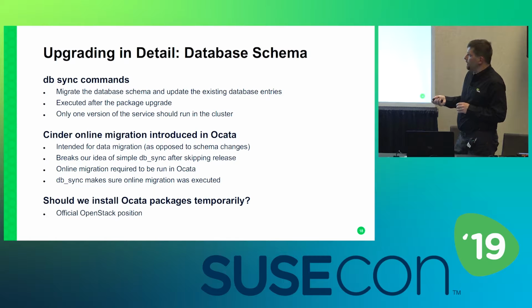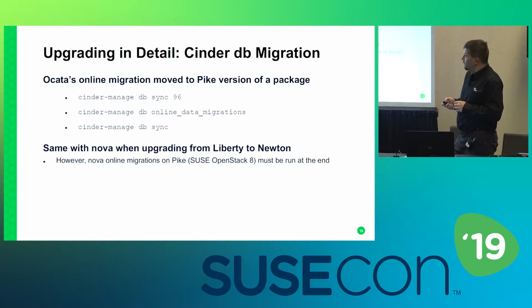In the dbsync that is run in the next version, in Pike, there is a specific check that the online migration was already executed before. So we could not simply skip it and ignore it. We briefly considered the official OpenStack position, which would be installing Okata packages temporarily, doing this database operation, and then finally upgrading to Pike. But fortunately, it wasn't necessary.